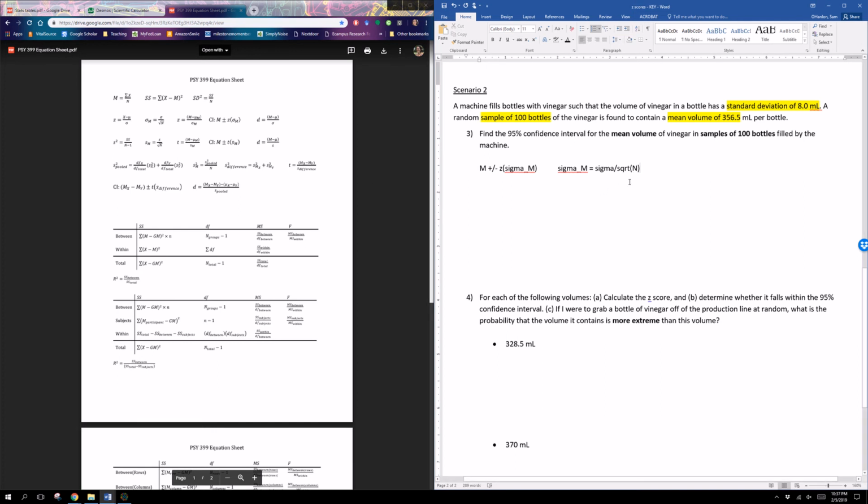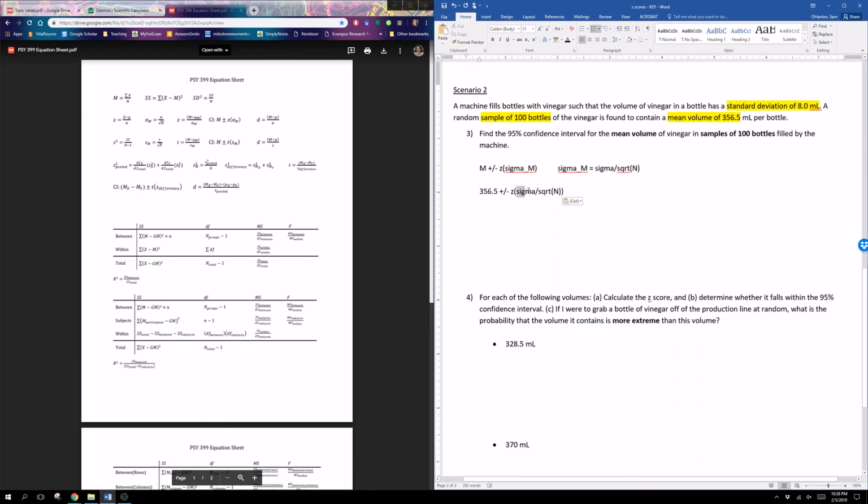Okay, so going to take this and plug in our mean of 356.5. And for sigma sub m, we can take this and substitute it in.